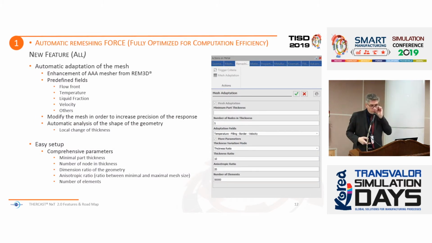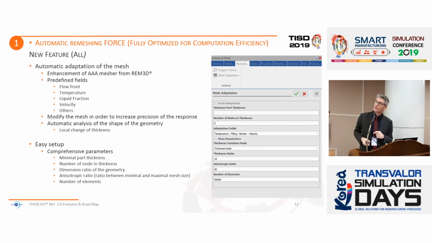Yes, a new thing I would also like to talk about is remeshing, so automatic remeshing, which is now fully optimized for computation efficiency. Actually it's not, technically speaking, a new feature, but I mention it as a new one because we have really worked hard on this feature.